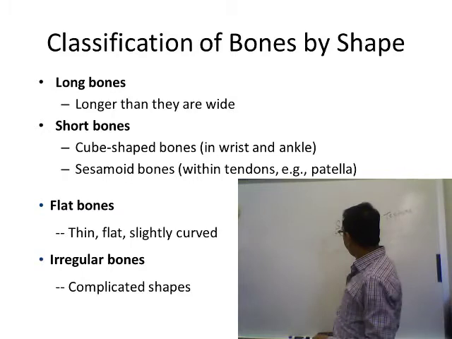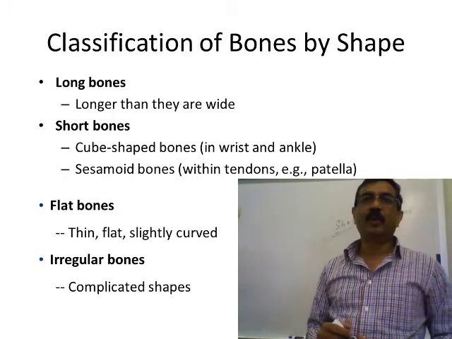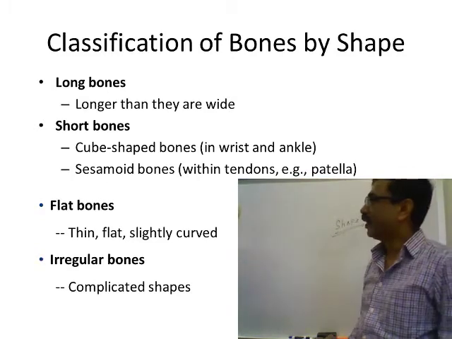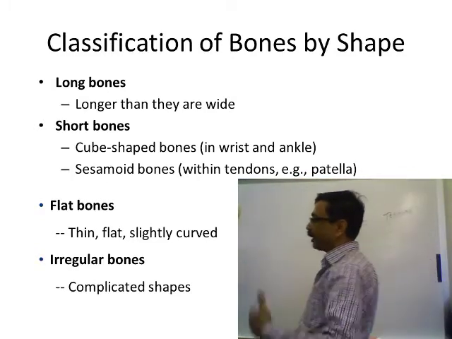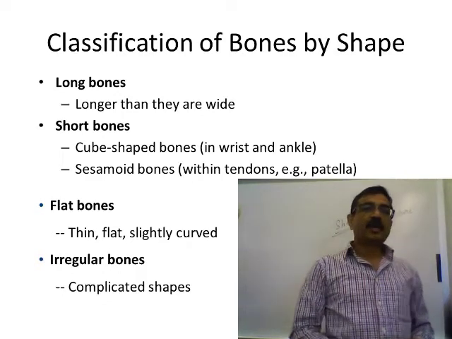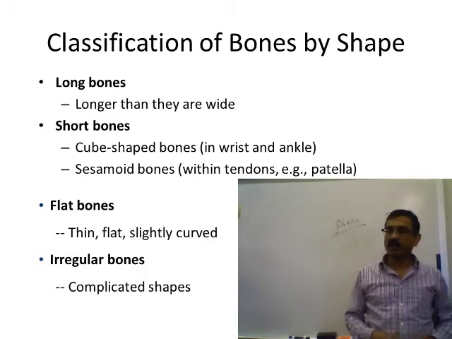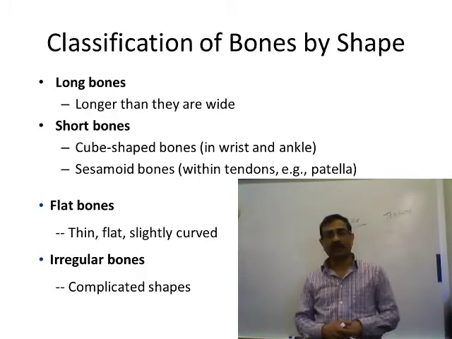By looking at the shape, we classify the bones into 4 types. In some places you will see 5 types. I will tell you why. So, what are those 4 types? Long bones, short bones, flat bones, and irregular bones.